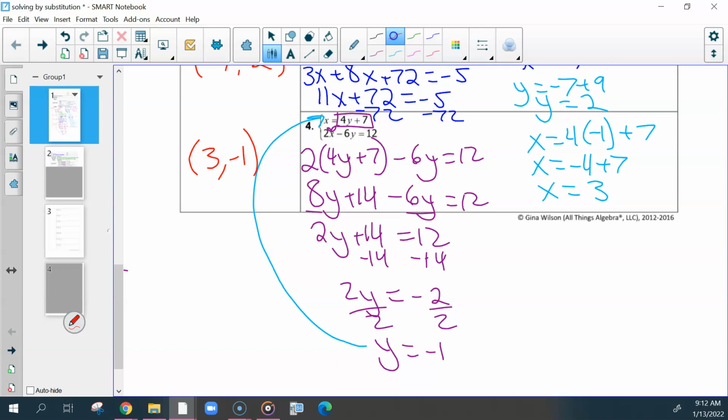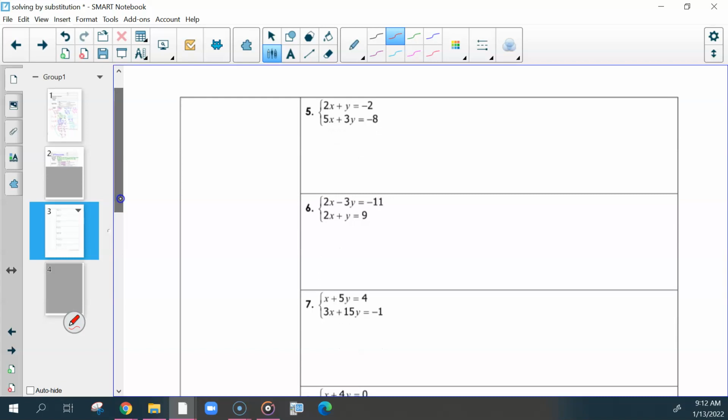Other questions on 4 before we move on to 5? For number 5, do we have an equation that solves for y or x? No. So in this case, we have to solve for that first and then move forward. It doesn't matter which one you choose to solve for.